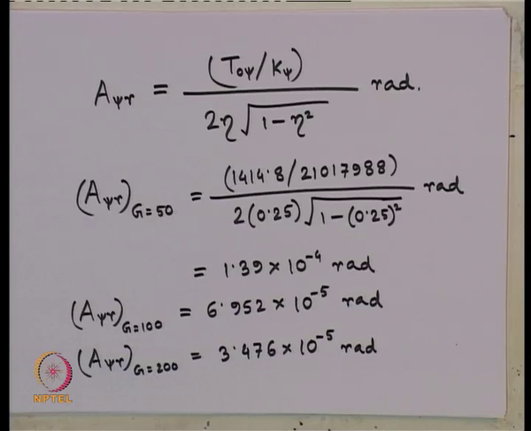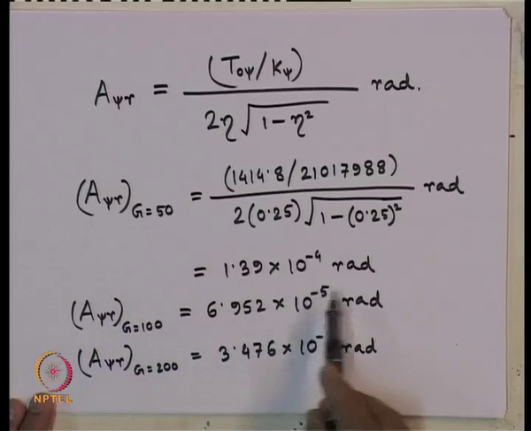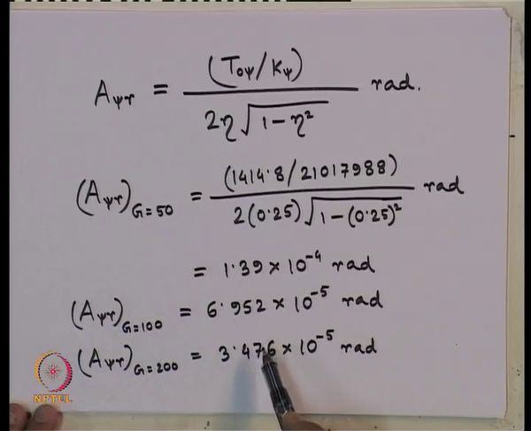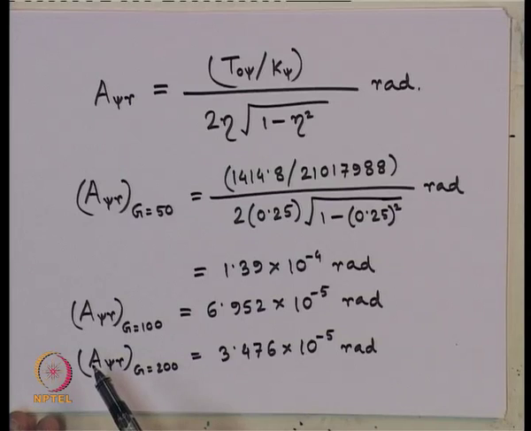One observation which you must have noticed: the values of A psi R will always be greater than the values of A psi, which is quite obvious. That is, displacement amplitude at operating frequency will be less than the displacement amplitude at resonance. So, this is a kind of cross check you can do.